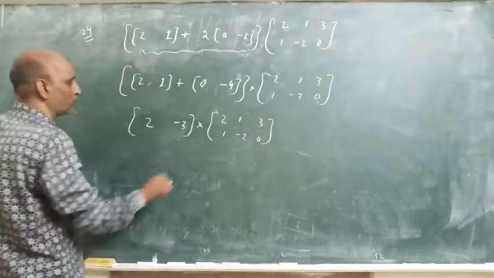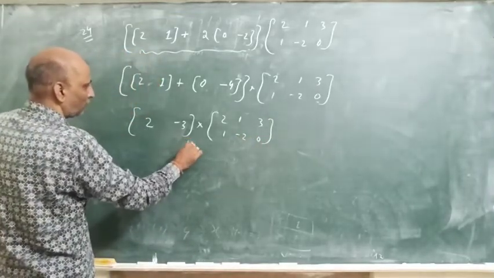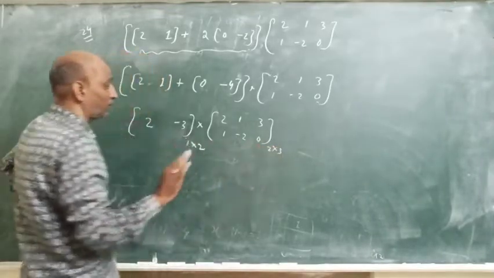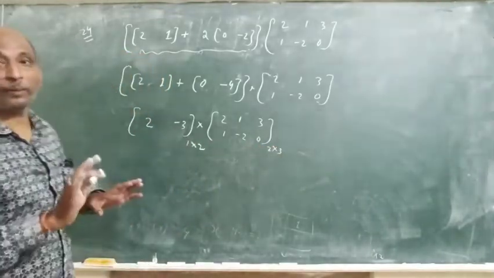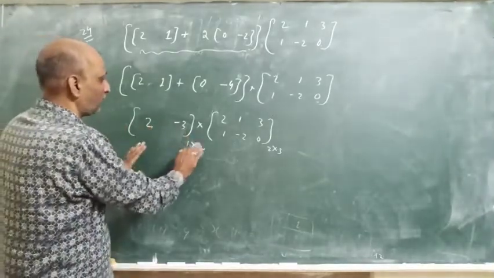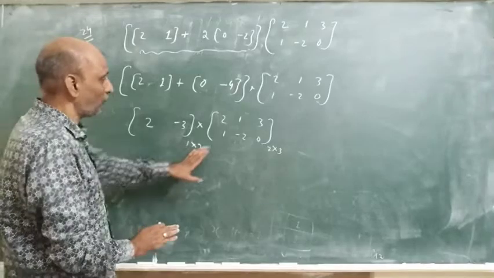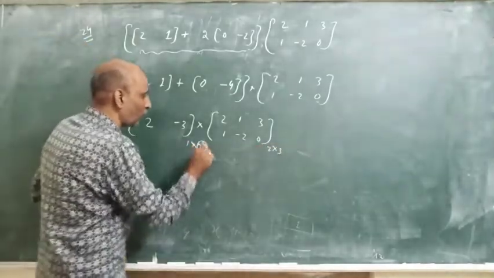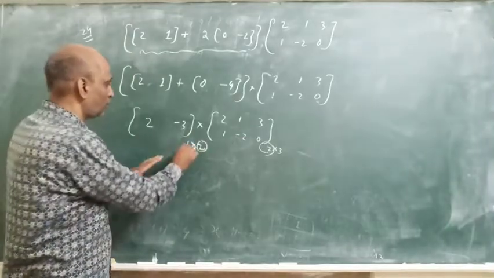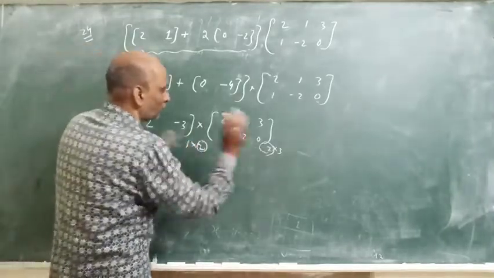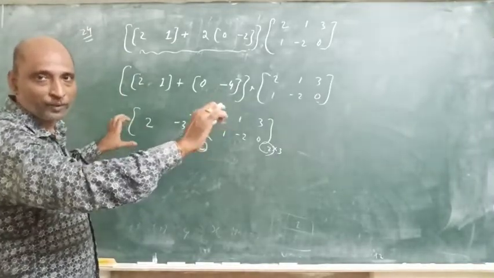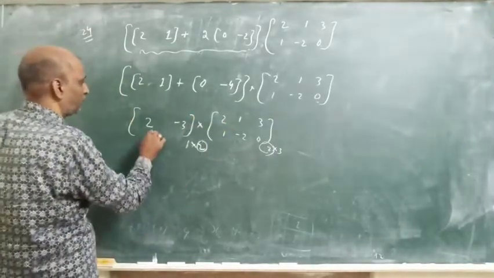Can we multiply this? Remember, whenever you have some confusion, the final answer will be 1 by 3, since the column and row counts determine the order. The new answer will be a 1 by 3 matrix.